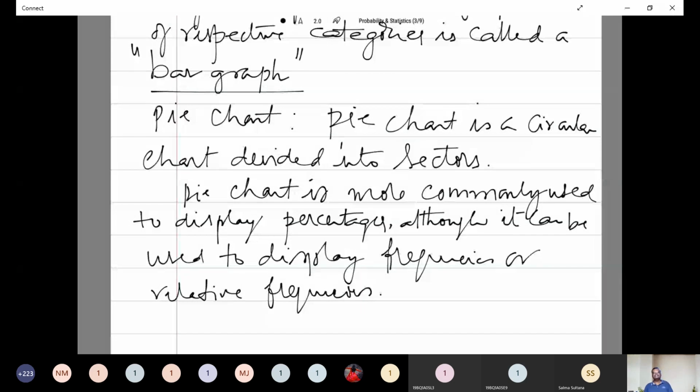That is the description about the pie chart. Pie chart is more commonly used to display the percentages, although it can be used to display the frequencies or relative frequencies. Now, pie chart represents the total sample or population.